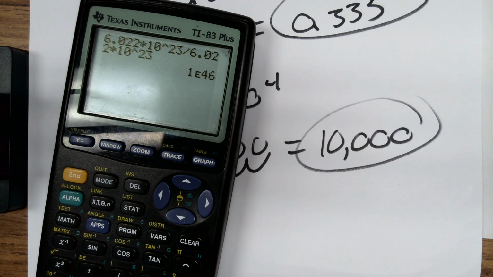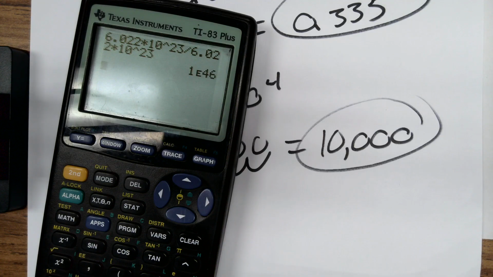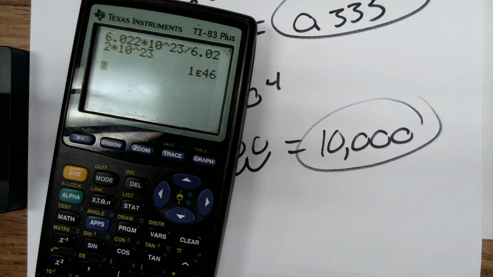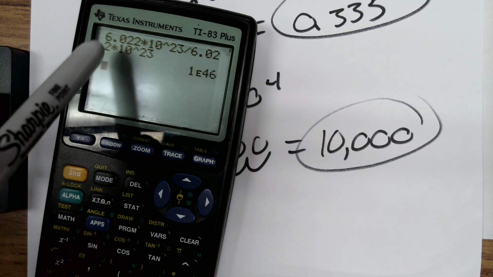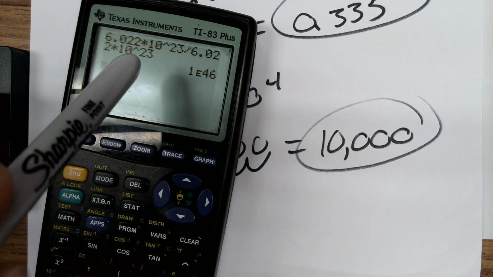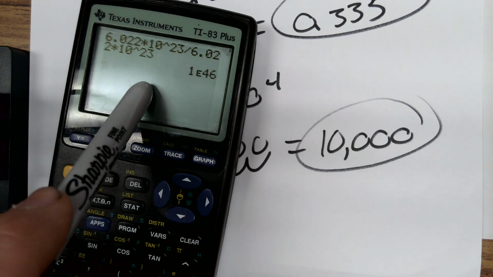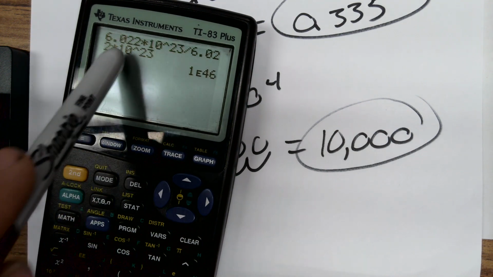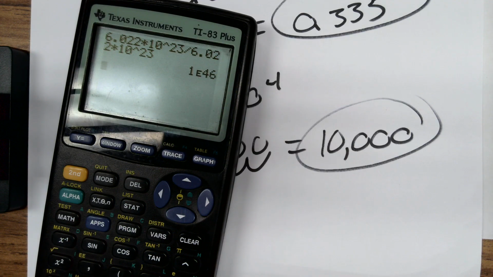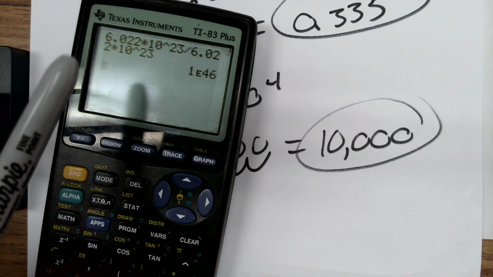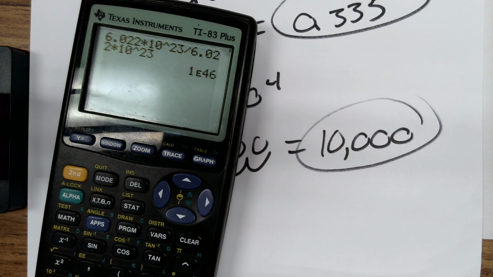Because my calculator does not see scientific notation unless I tell it it's scientific notation. 6.022 times 10 to the positive 23 is Avogadro's number. I divided Avogadro's number by Avogadro's number, and somehow I end up with 1E46. That's 1 followed by 46 zeros. Because my calculator does not see one function, my calculator sees five different functions happening at the same time.